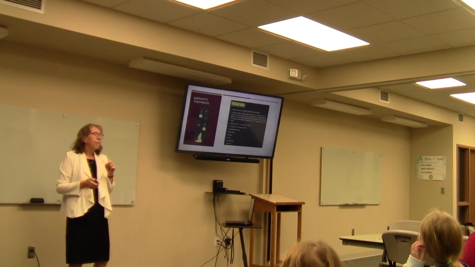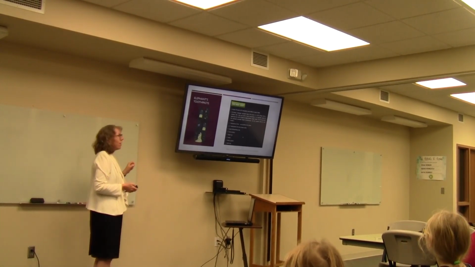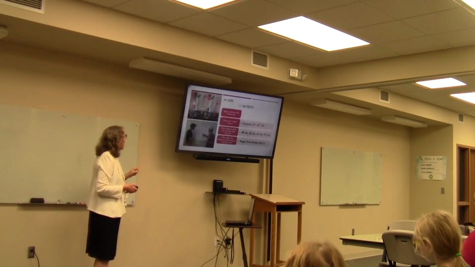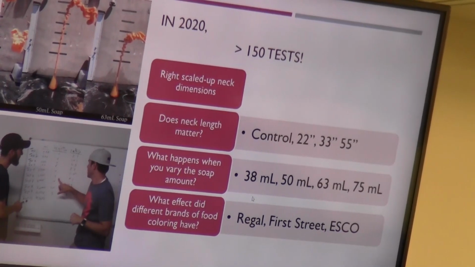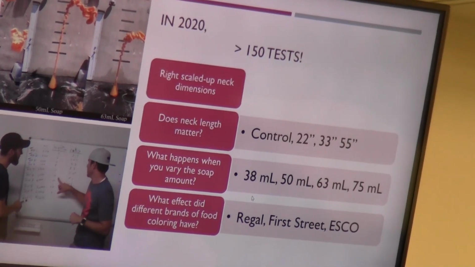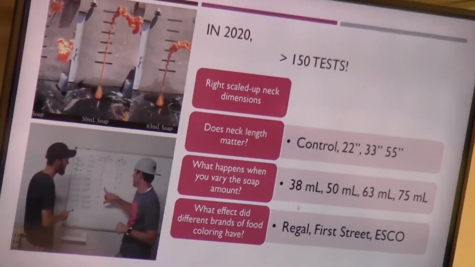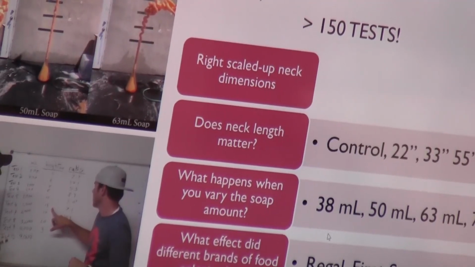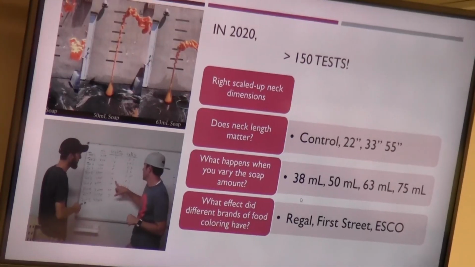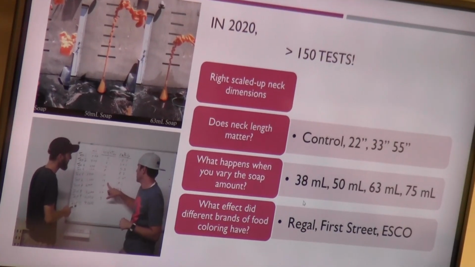Not satisfied to lose his world record in 2019 pretty quickly, he wanted to make something a little bit more, I don't know, bigger. And so he began experimenting. This is his devil's toothpaste video from 2020. As he's going through the 20-ish minute video, he talks about running over 150 tests.